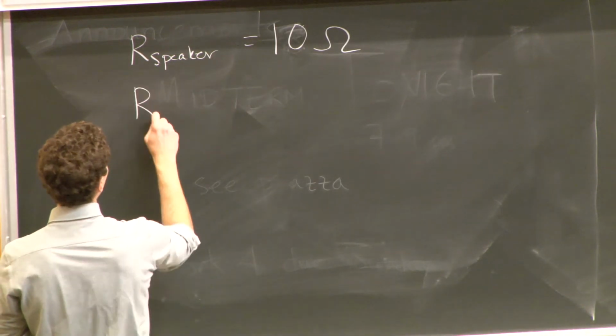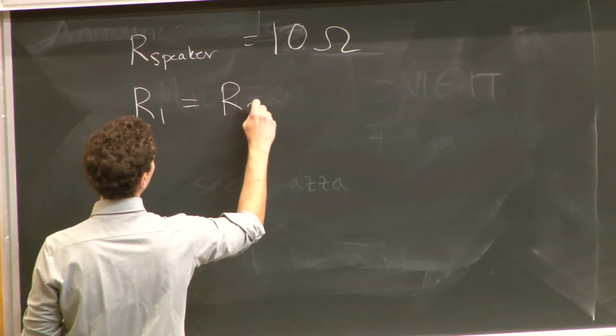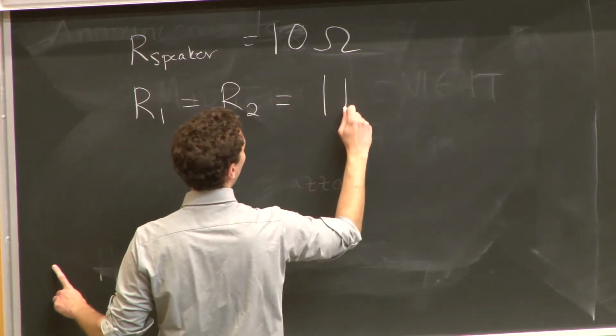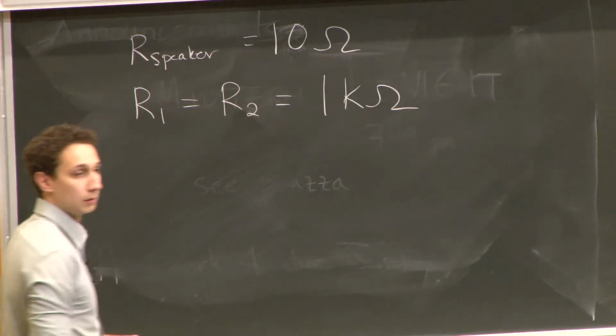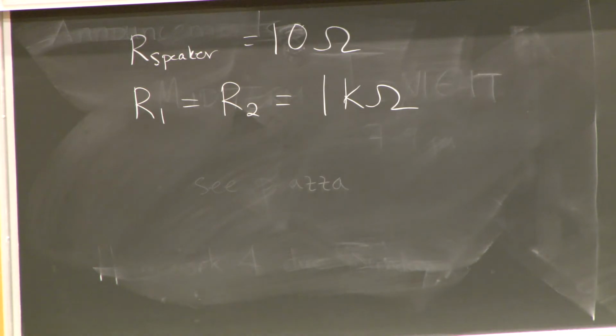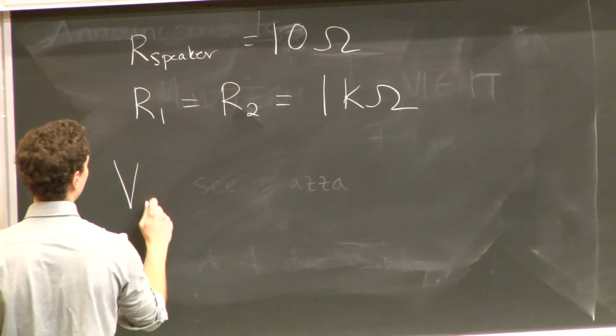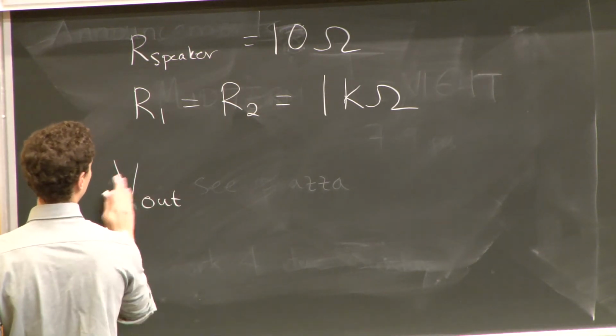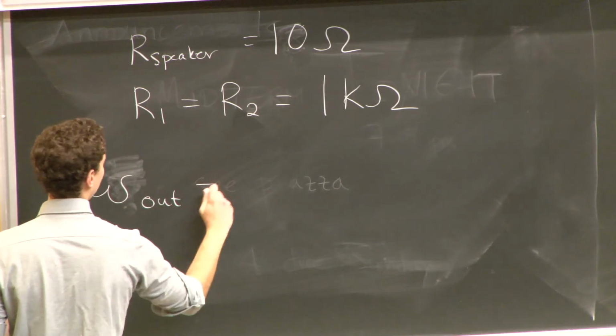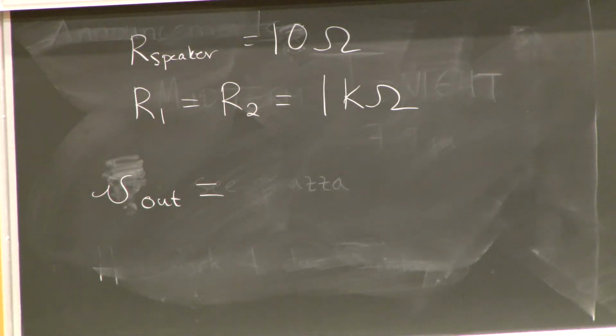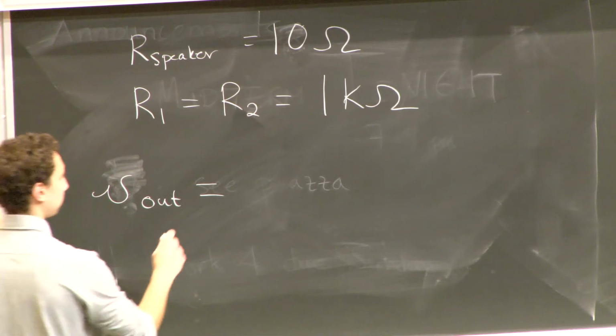If R1 and R2 are both equal to 1 kilo ohm, what's V out going to be? Let's say approximately. What is it going to be?